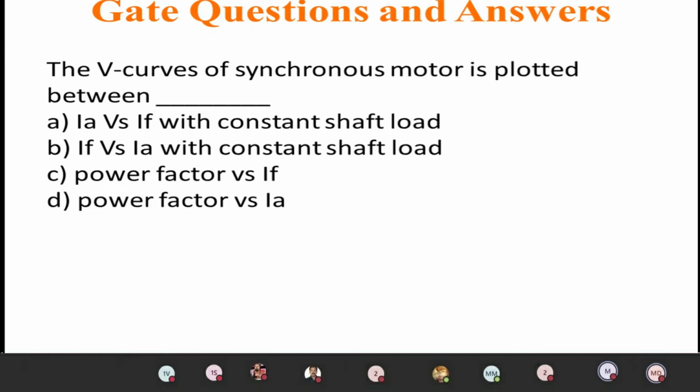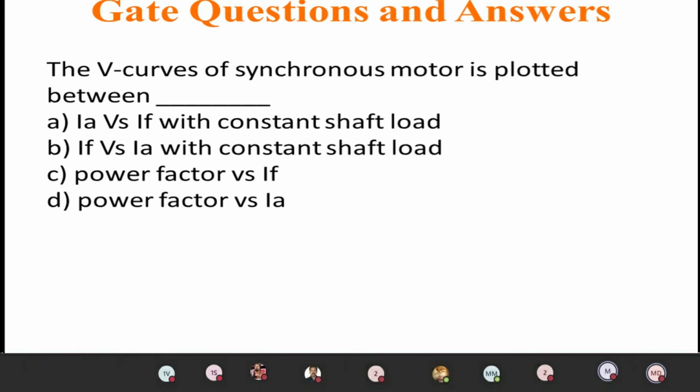Then the V curve of a synchronous motor is plotted. Before we go to the V curve, what is the armature current at various power factors? We know that a synchronous motor can run at any power factor.